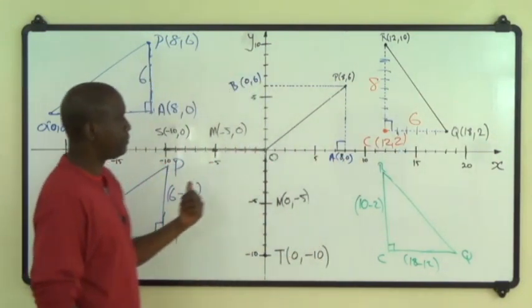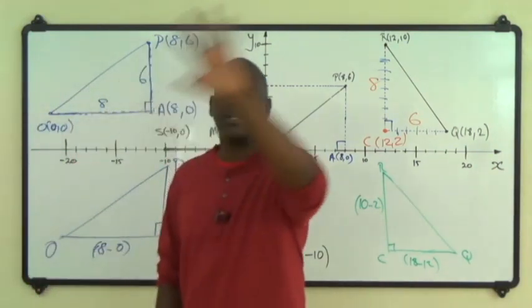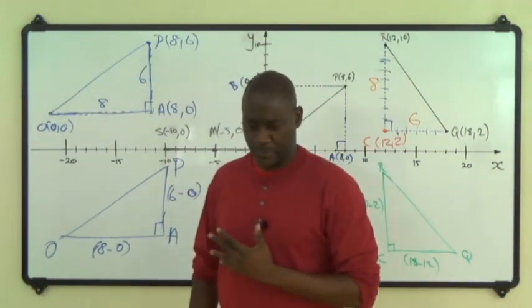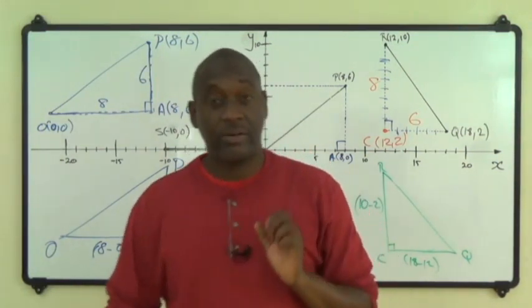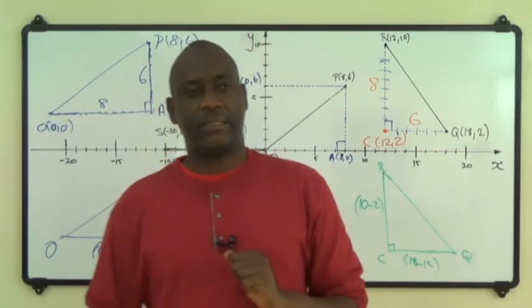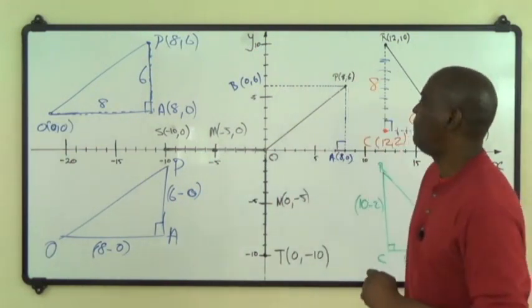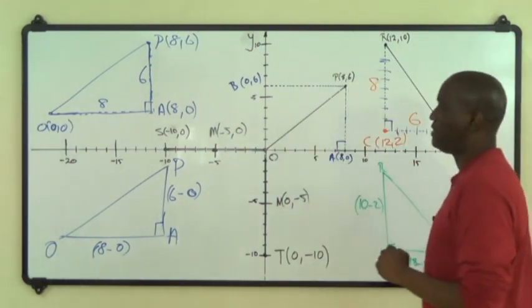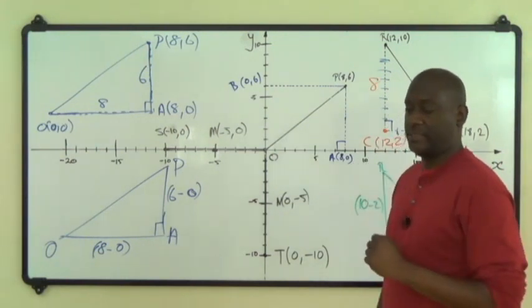So now I could do this in a general sense, and we could actually derive the general formula for the length of a line segment. Before I do that, however, I want to also demonstrate the midpoint.